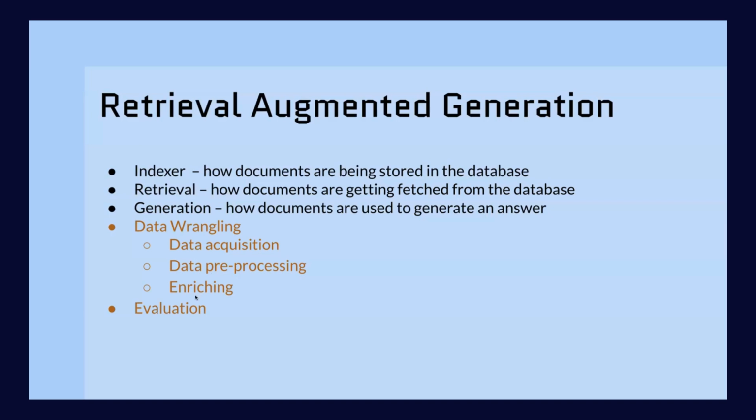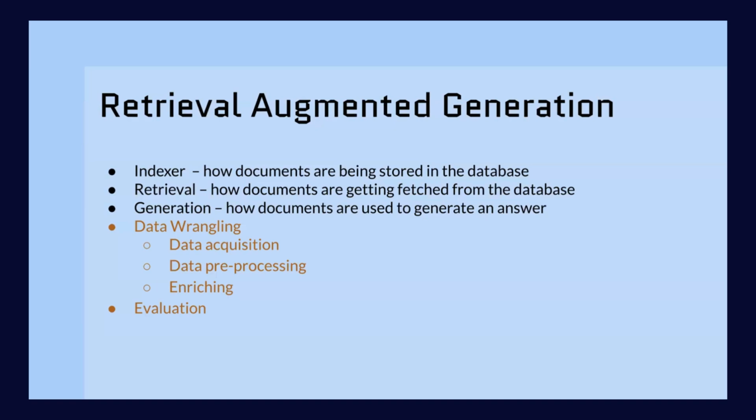And then enriching the data: how can you add more or re-represent the data in a way that's easier for the language model to understand? If you have an HTML list that's just listing things, maybe you can turn those into sentences, or ask the language model to read data that you scraped and then represent it differently.